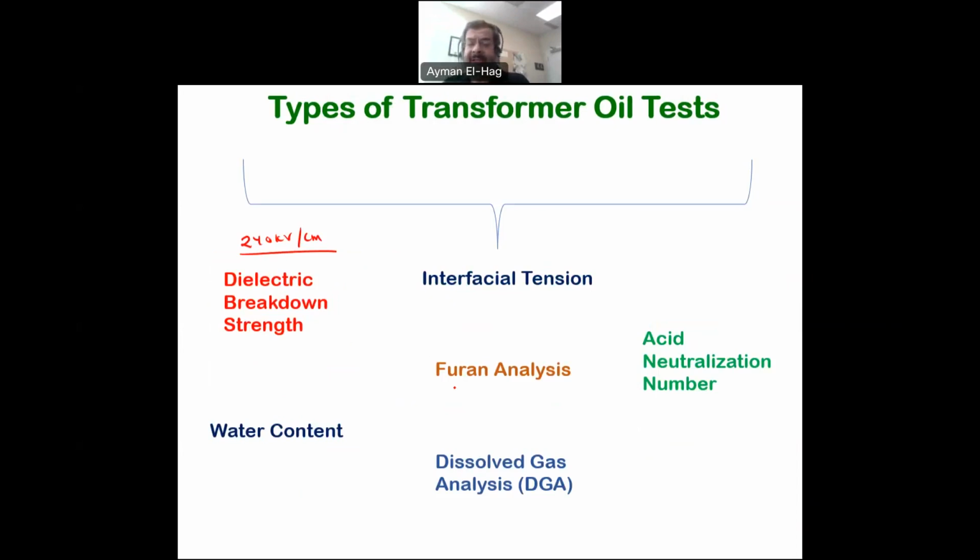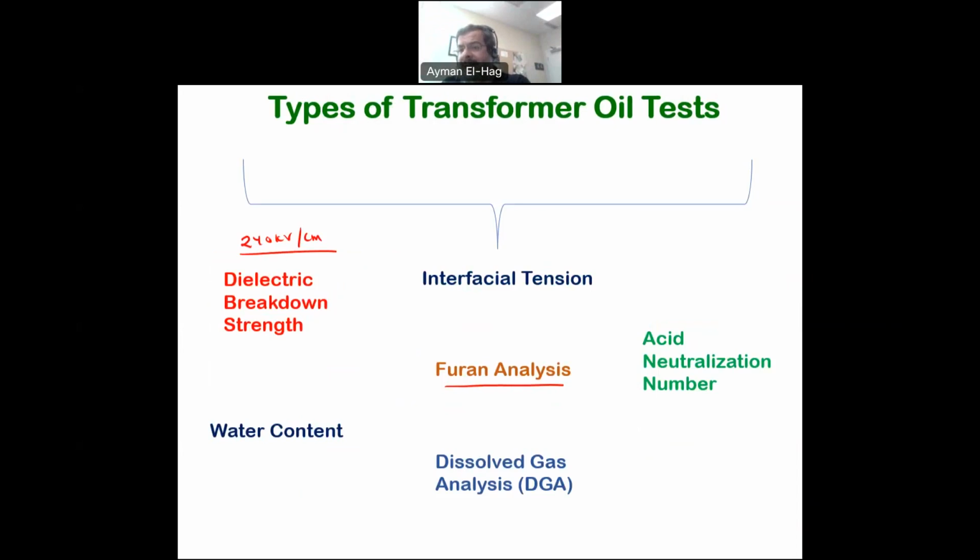Furan analysis is something very important. Most of the tests I'm showing here reflect the quality of the oil, but furan reflects the quality of the insulating paper, and it's non-intrusive. We take just a sample from the oil, and by knowing the values of the furan, we can have an idea about the quality of the insulating paper.